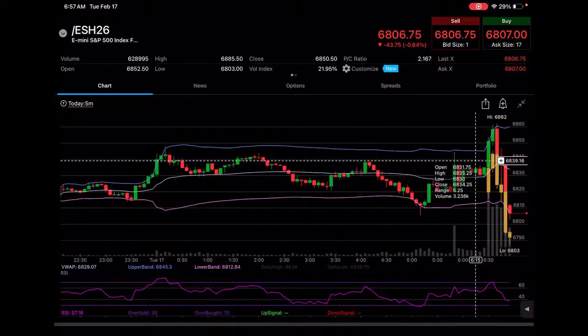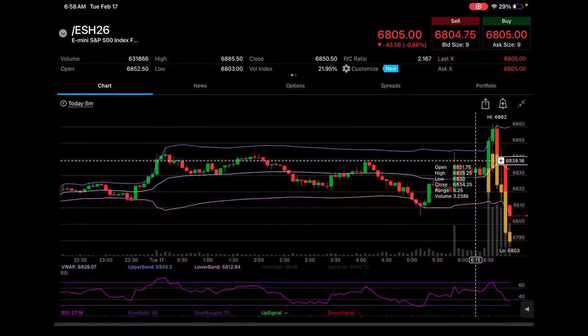So I'm going to now start looking at the calls and look at my strike price for the call side. 6848 is what I'm using. So I'm going to go a few points above that 6848. We'll call it 6850.